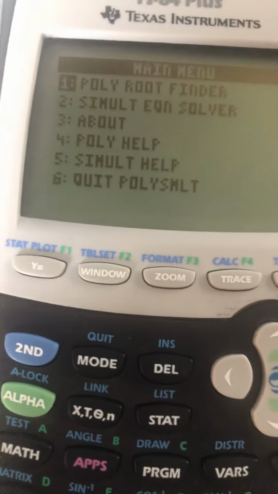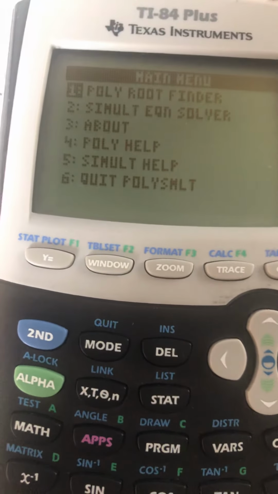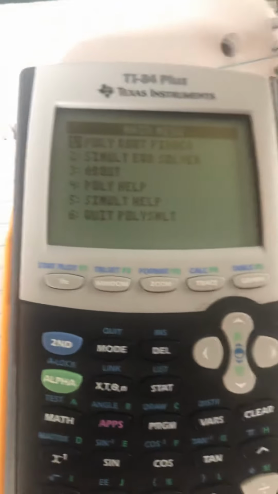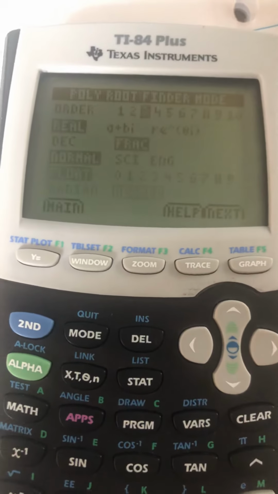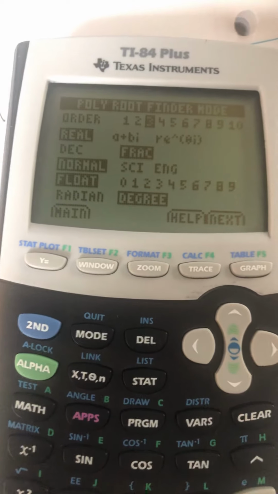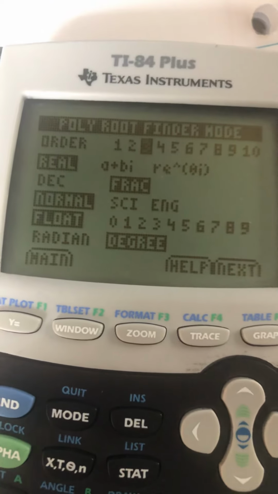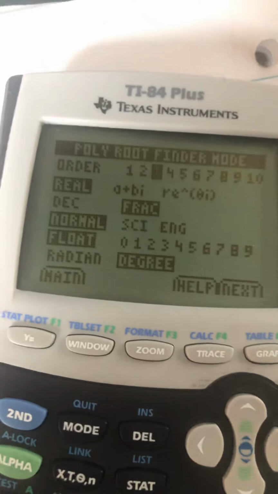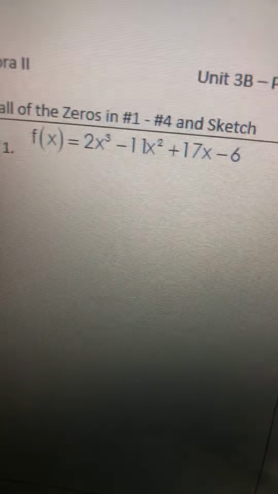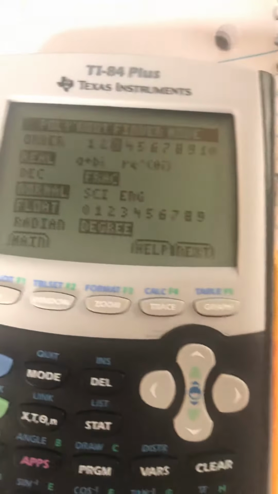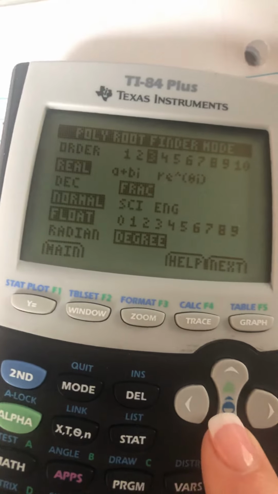We want to go to Polyroot Finder because that's number 1, and that's what we want to do. Now, across the top it says order, and you're going to choose the number that corresponds with your highest exponent. In this case, it is 3.